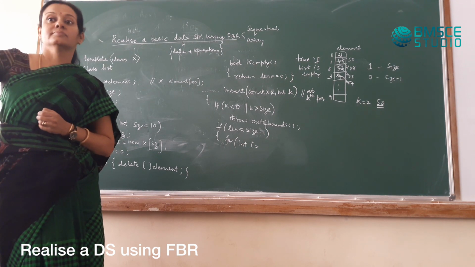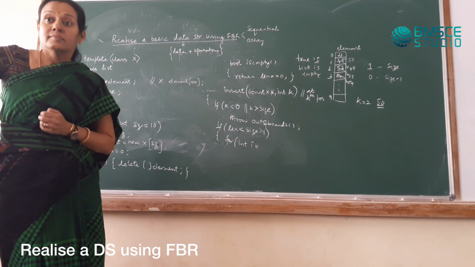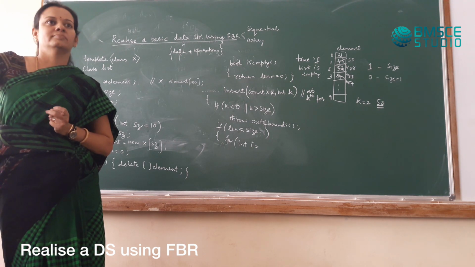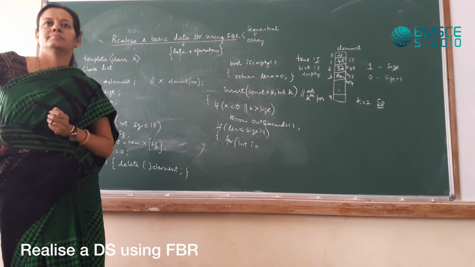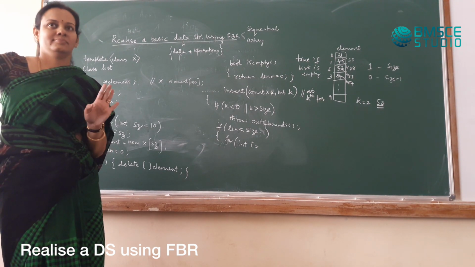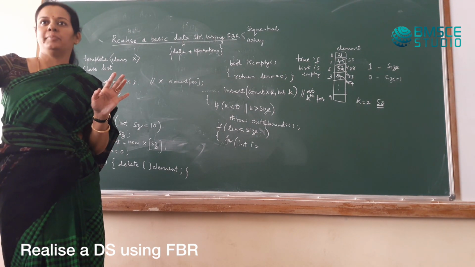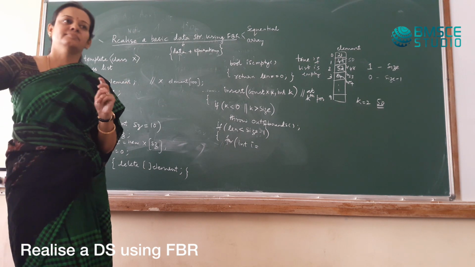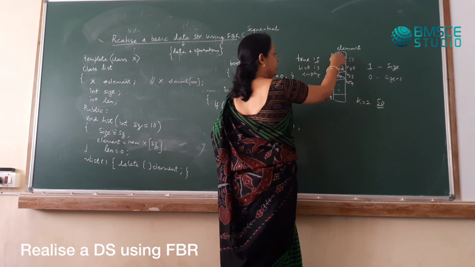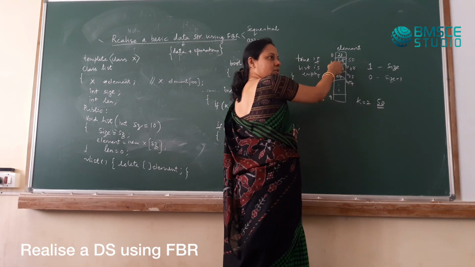K minus 1? So all of you think that we should start from the last? We should start from the last because if you start from here and put it, you lose this.